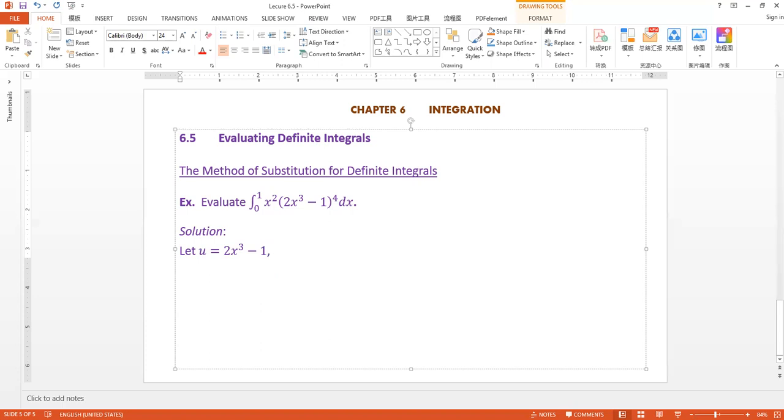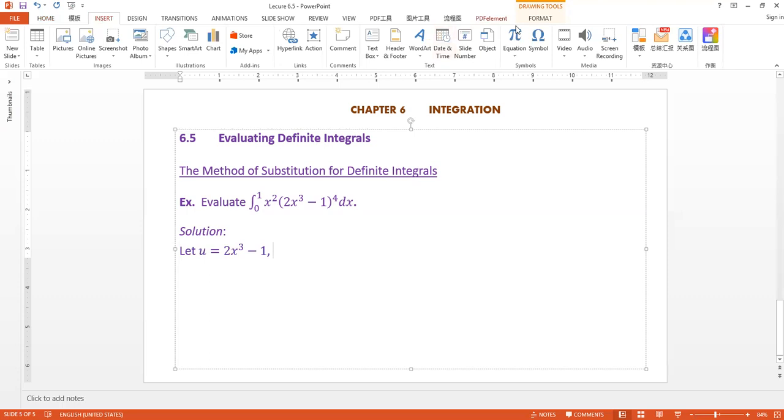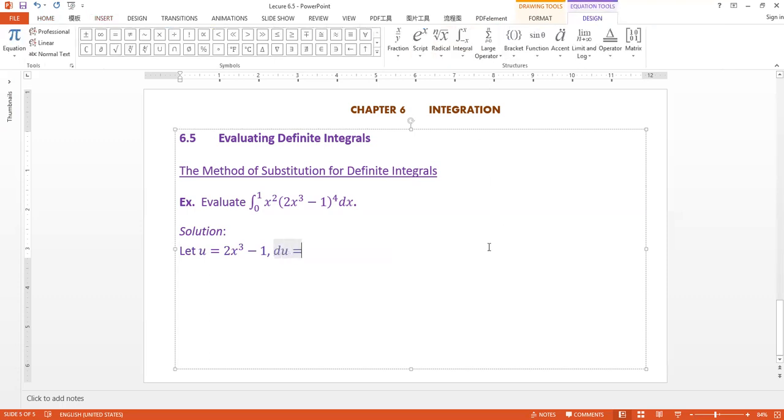The next step is to find du, the differential of u, because we need to evaluate a new integral in terms of u. Everything has to be in terms of u in the new integral. We don't have anything of x in the new integral, including the differential dx. It should be du, but we cannot change the problem, of course. So at the end, we will have du in the new integral.